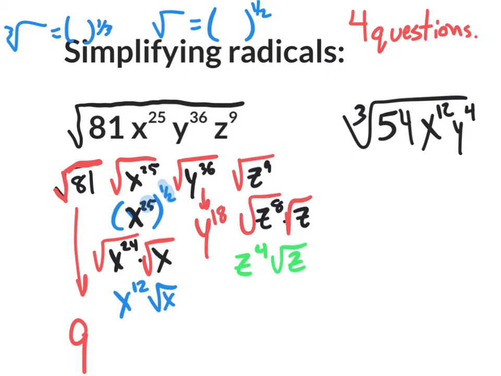All right? So what do we have as our answer so far? We have 9, and then we have this answer, and then we have y to the 18th, and then we have z to the 4th square root of z. So let's put all of our outside values, the 9, the x to the 12th, bring it down, the y to the 18th, bring it down, and the z to the 4th, bring it down.